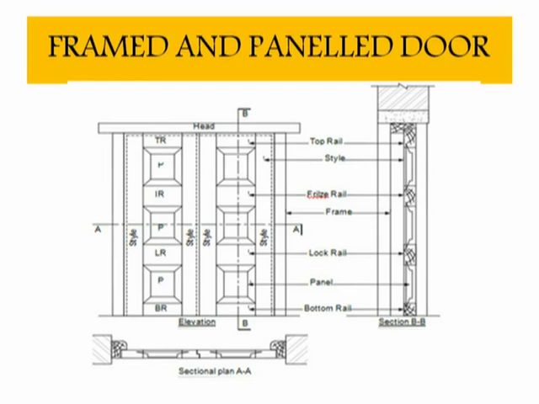These panels are connected by the horizontal member known as the rail and the vertical member known as the stile. This type of construction is known as a framed and panelled door. Different wooden panels are there in the shutter, and that's why the name becomes framed and panelled door.